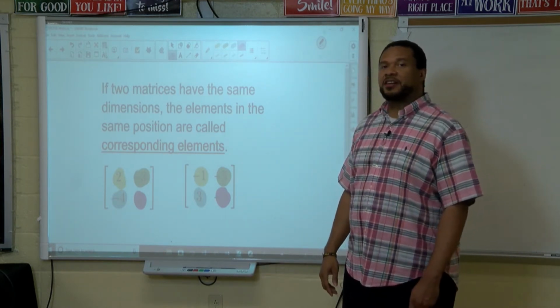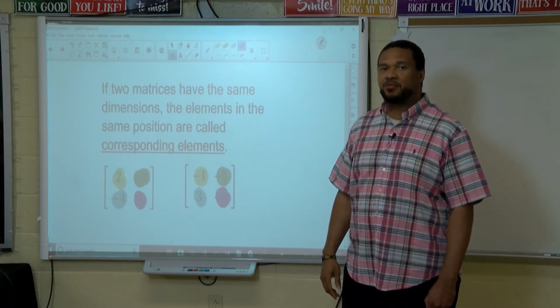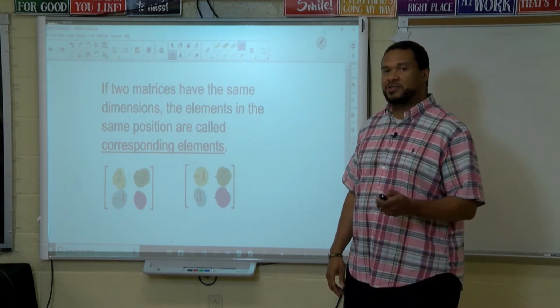If you have matrices with the same dimensions, you can do basic arithmetic, adding and subtracting with these matrices.